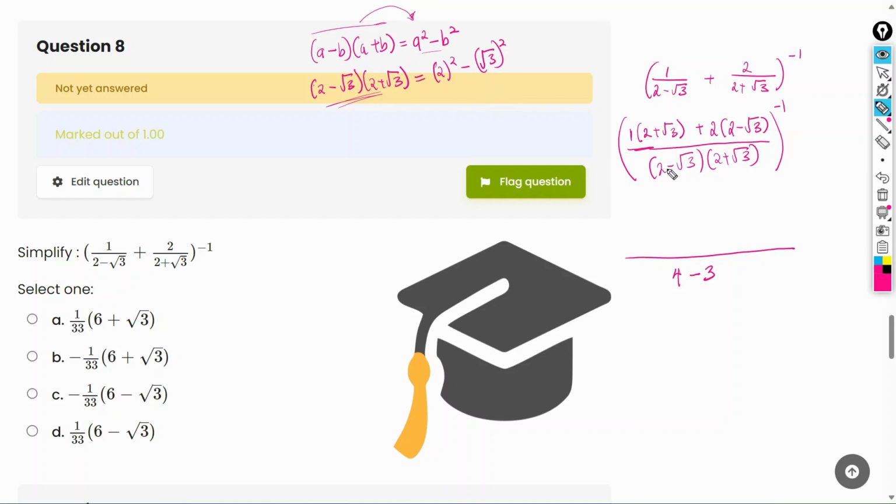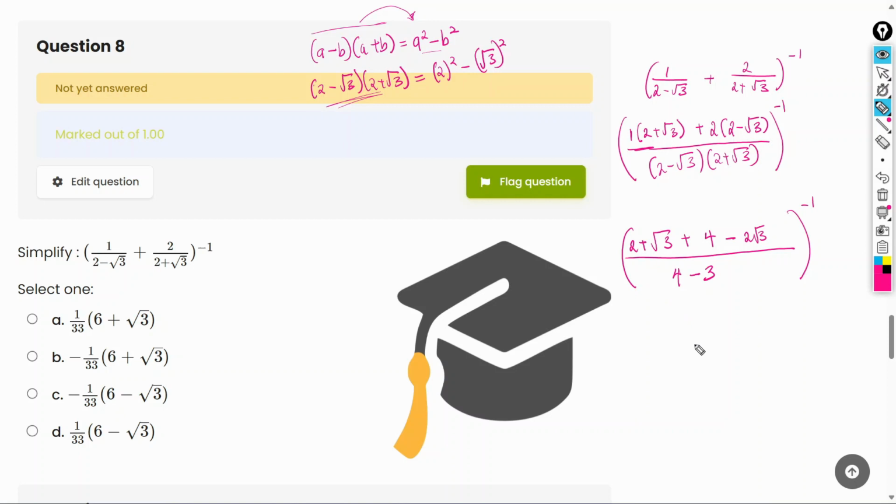Alright, for the top, let's simplify. If I expand that, I would have 2 plus root 3 plus, when I expand this, 4 minus 2 root 3, raised to the power of negative 1.